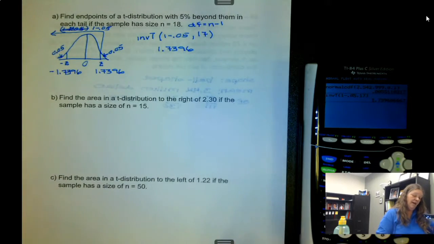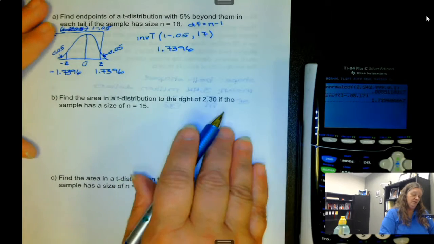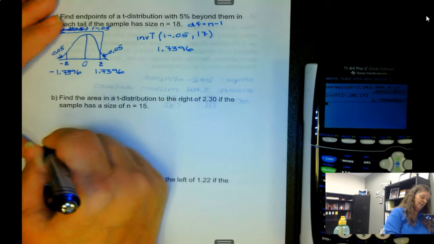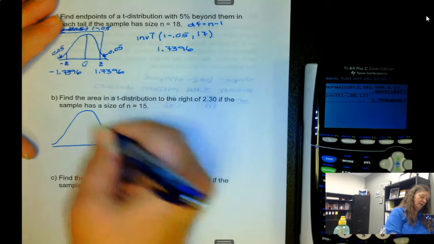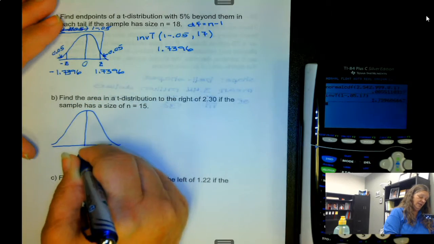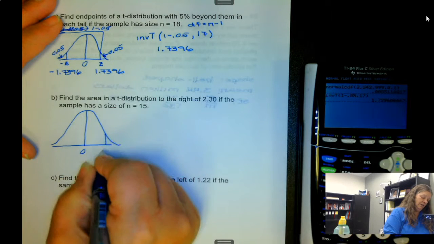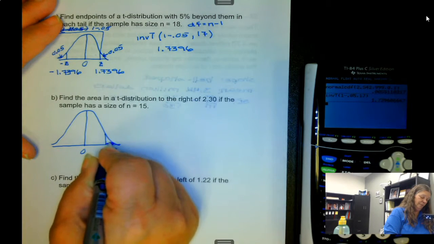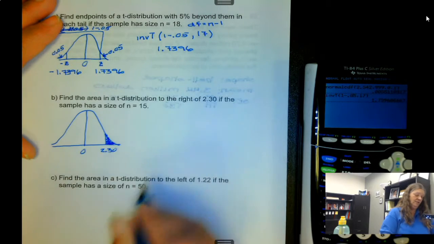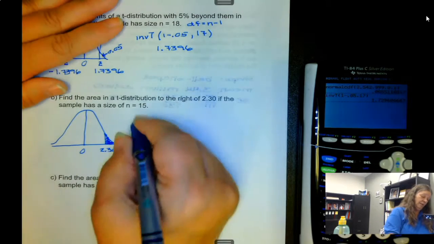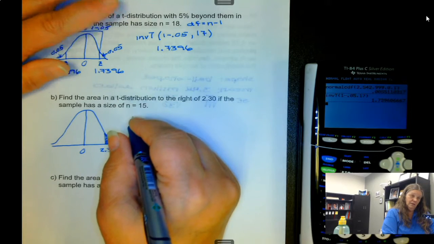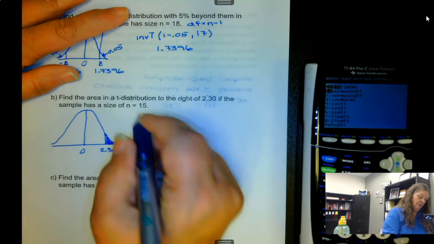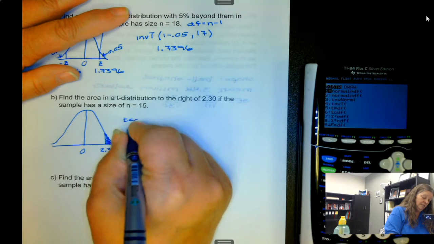Now we want to find the area in a t-distribution to the right of 2.3 if the sample has a size of n equal 15. So again, here's our distribution. Here's that 2.3. So it's going to be the lower limit. So we have TCDF.